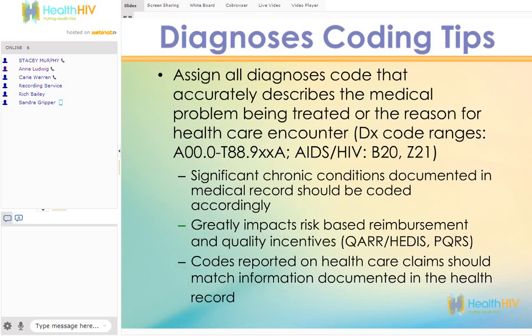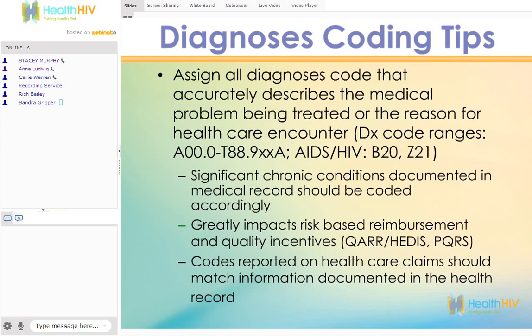So your diagnosis codes are very important. Anytime the patient comes in for an acute problem, make sure you address the acute problem, but also address the chronic problems, because the chronic conditions greatly impact your risk-based reimbursement and your quality incentives. So there's a lot of QAR and HEDIS money out there that tie into the chronic conditions.